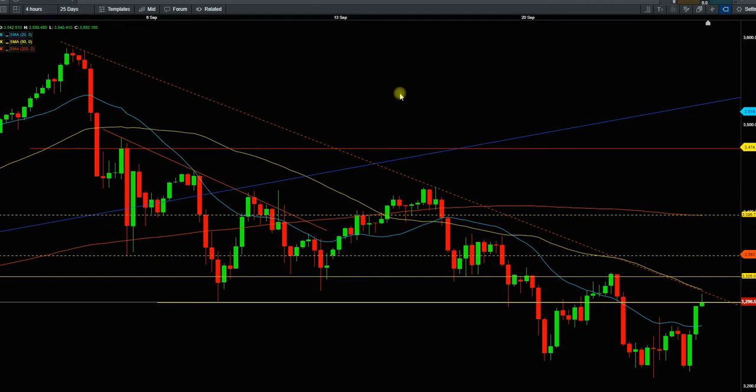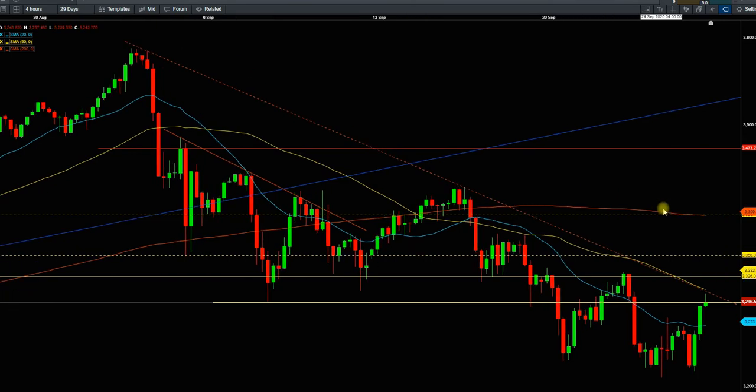This is the 50 for 4 hours. If we break through, hold it, test it back and go up, then we will have this resistance area above 3350, and if we hold it, then we're going to shoot all the way back to 3400, and then all the way up.